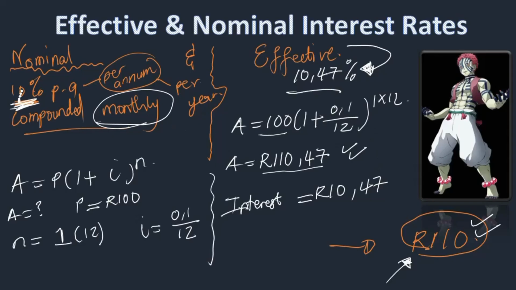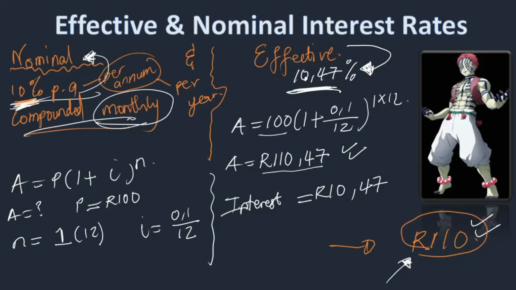When I invest my money at 10% per annum, compounded monthly, this 10% that is being compounded in different periods is the nominal interest rate. But how the money will actually be affected, it will grow by 10.47%. And this percentage we call the effective interest rate. The actual percentage that the money will grow by the end of this year is 10.47%.